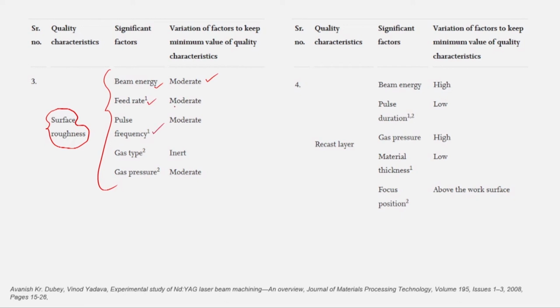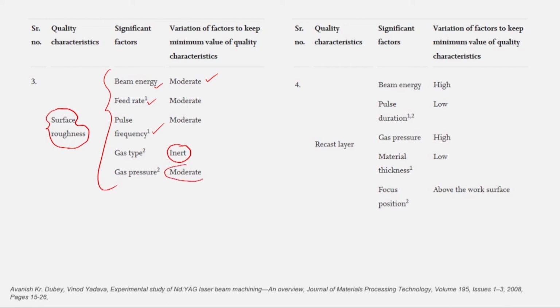The roughness can be achieved at its desired level by having a medium level of beam energy, feed rate and pulse frequency. It should not be too low or too high, and certainly we should have the inert gas. The oxygen should not be there, so that oxidation of the generated surface will not occur. The inert gas has to be applied.